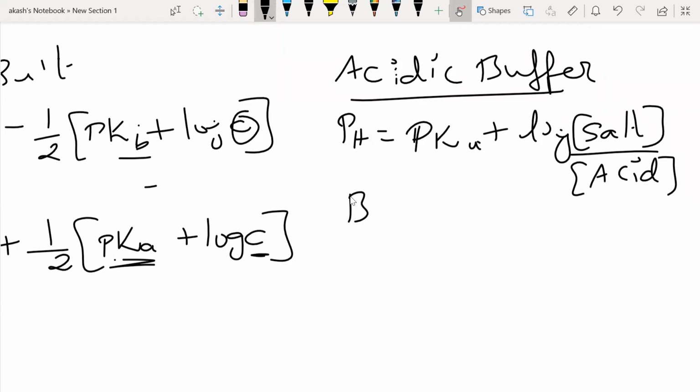Now when I go for a basic buffer, we don't calculate pH, we calculate pOH.